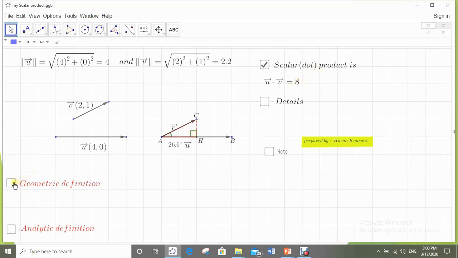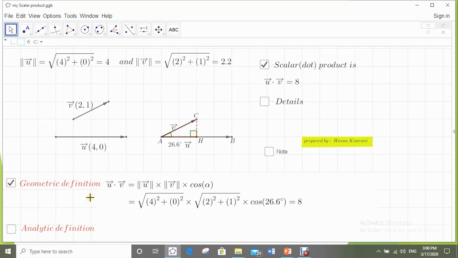Well, the geometric definition, as you see, we have two titles: geometric definition and analytic definition. So you can deduce that we have two definitions for scalar product. The geometric definition is u dot v equals the magnitude of the first vector u multiplied by the magnitude of the second vector v multiplied by cosine alpha. Who knows what we mean by this alpha?